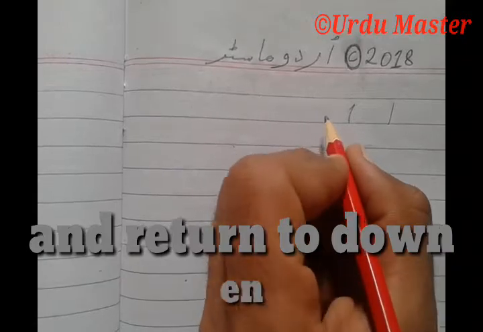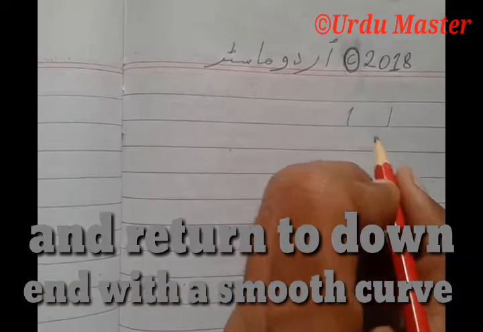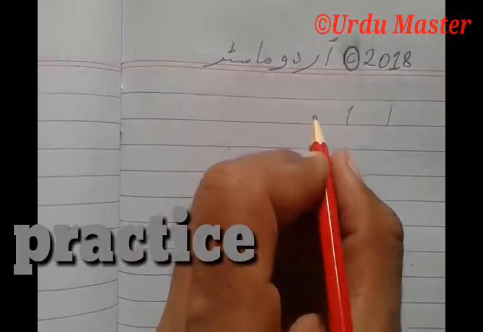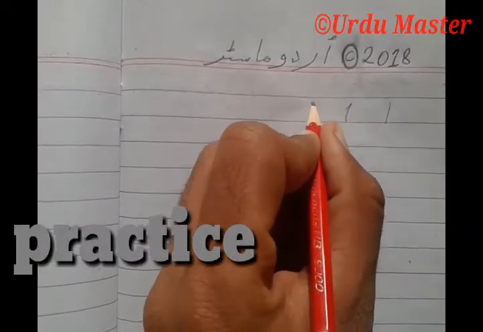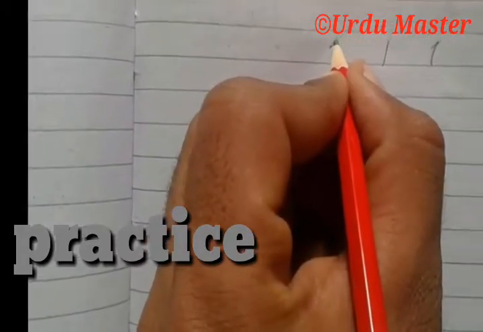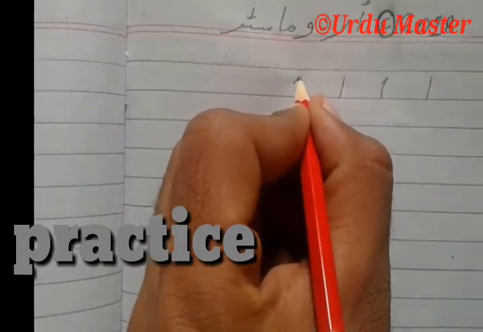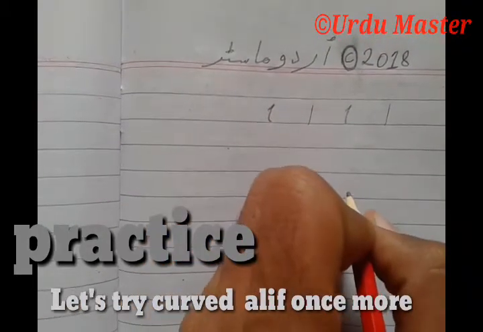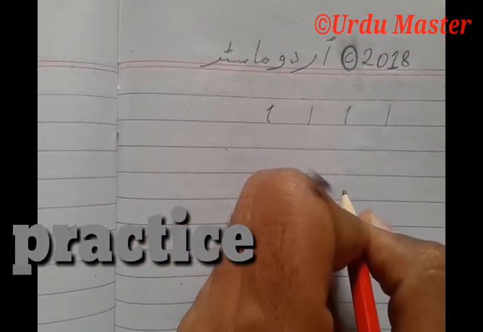Let's try one more time with the first. Just draw a simple line from up to down. This time it is even better than the previous one. Let's try the curved Alif once more. It looks weird.